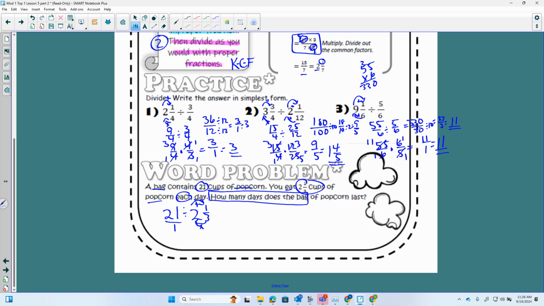Now I need to do my key change flip. So 21 over 1 times 3 over 7. I have a reduction I can do here. Now I just have 3 times 3 is 9. So the popcorn lasts for 9 days.